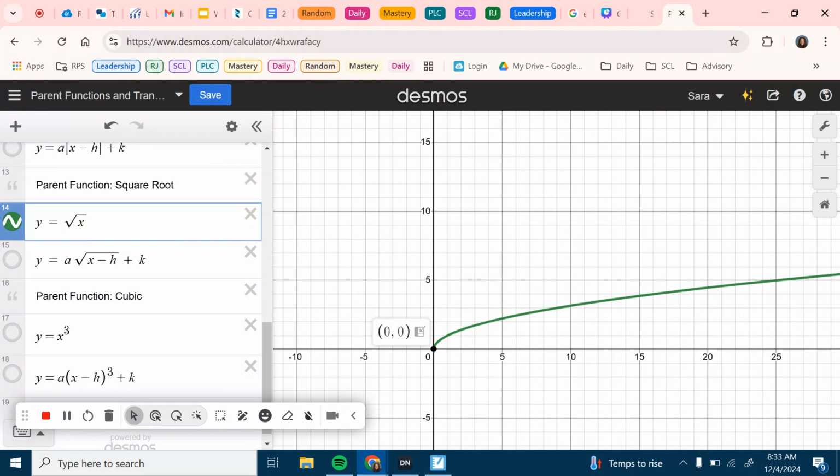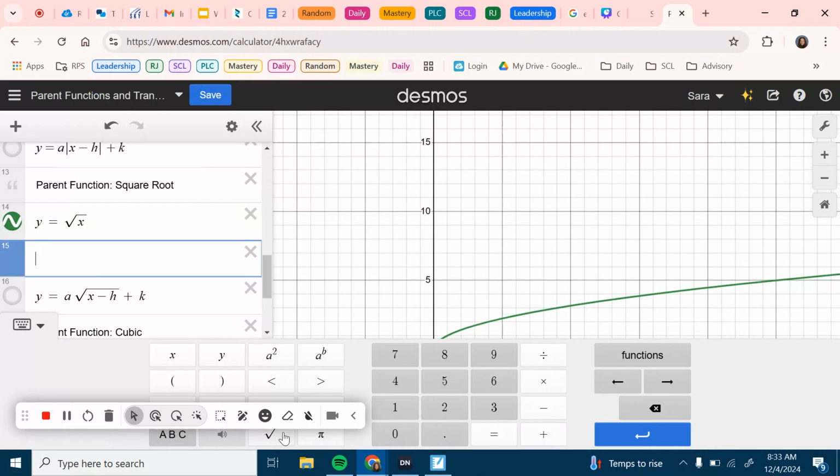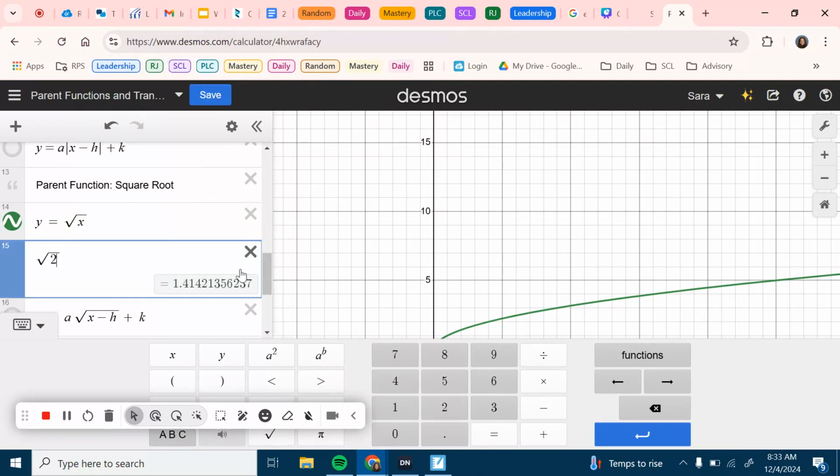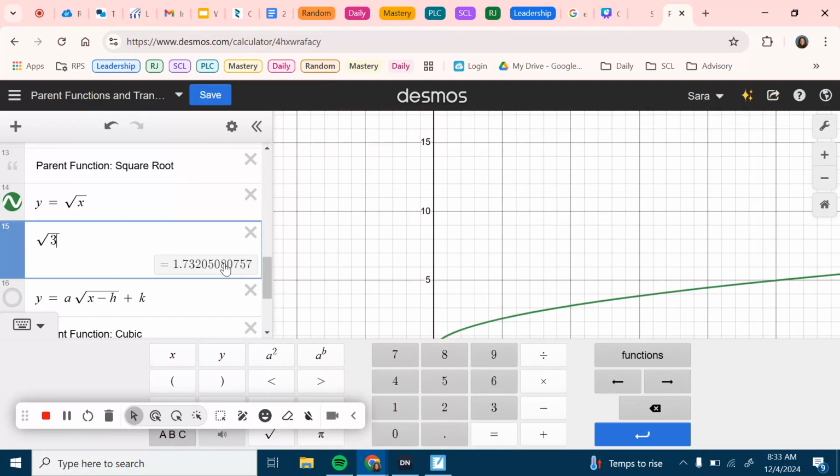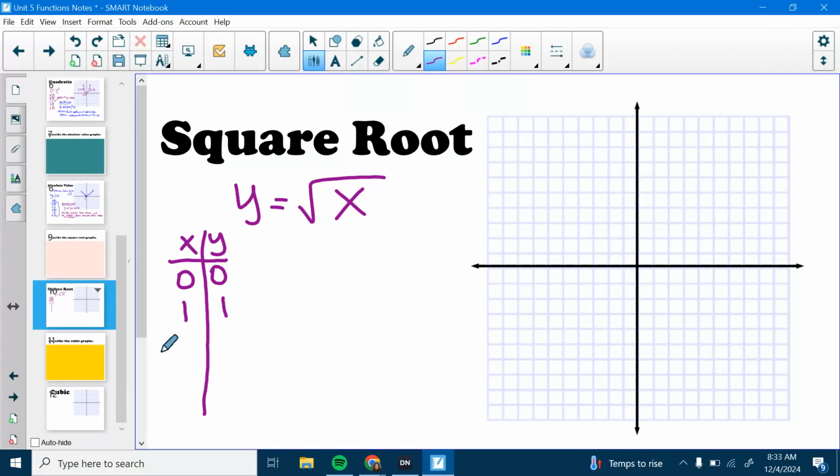If I take the square root of 2, I get a weird decimal. I don't really want to write that out. If I take the square root of 3, I get another weird decimal. I'm going to keep going until I get a nice number. And if I take the square root of 4, I get 2. So I'm going to use that instead because that seems much, much easier. The next nice number we get is 9, and the square root of 9 is 3.